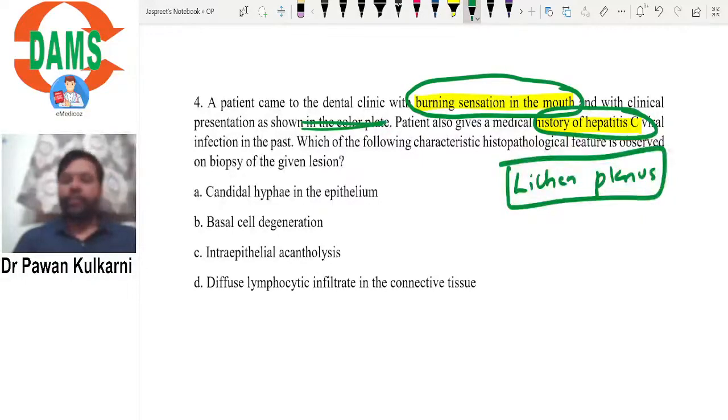Very important: if in the same question a patient comes to a dental clinic with swelling of the parotid gland and a medical history of hepatitis C virus, Sjogren syndrome should come to your mind.